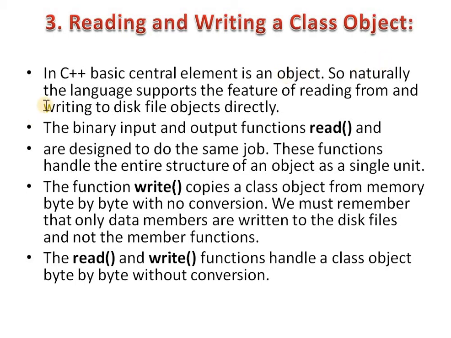So naturally the language supports the feature of reading from and writing to disk file objects directly. C++ is object oriented, that's why this language supports reading and writing objects directly. An object is nothing but an instance of a particular class.